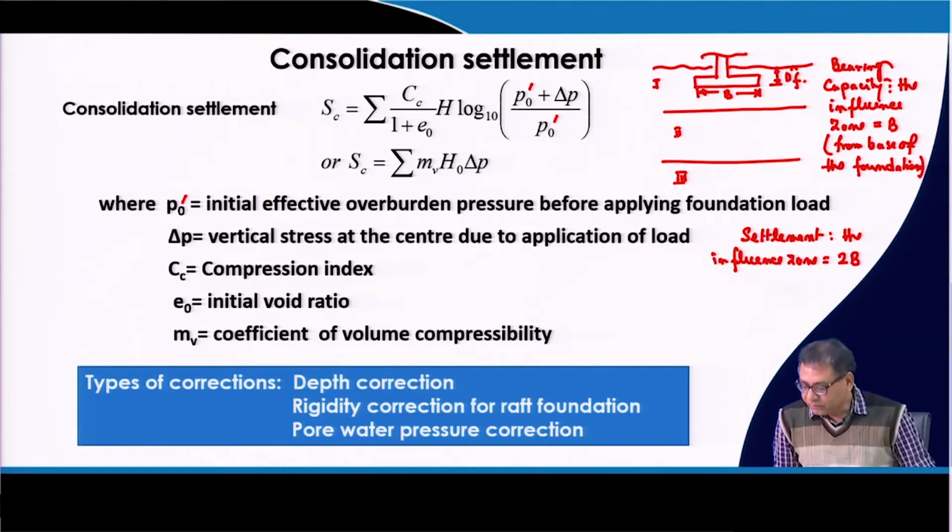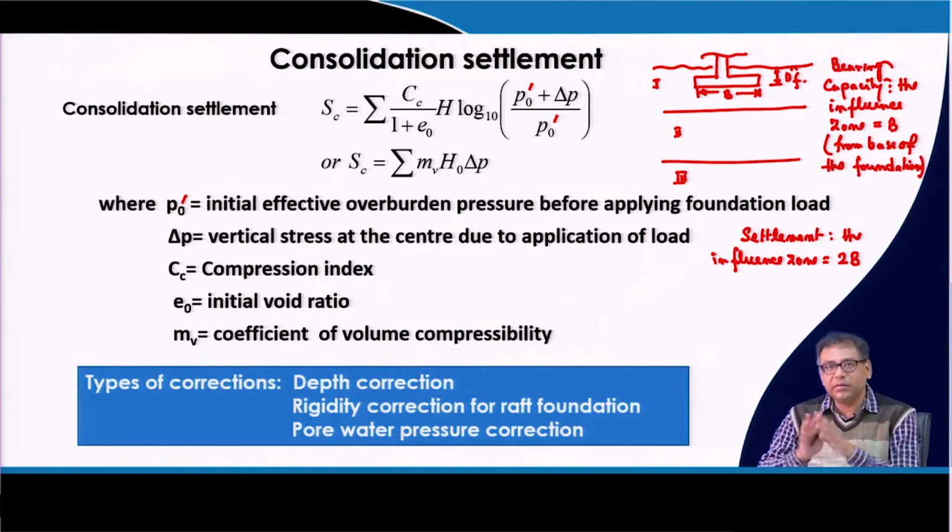Clear? Do not forget this: for the bearing capacity calculation we consider the influence zone as B from the base of the foundation, and for settlement calculation we consider the influence zone as twice B from the base of the foundation. Both are measured from the base of the foundation.